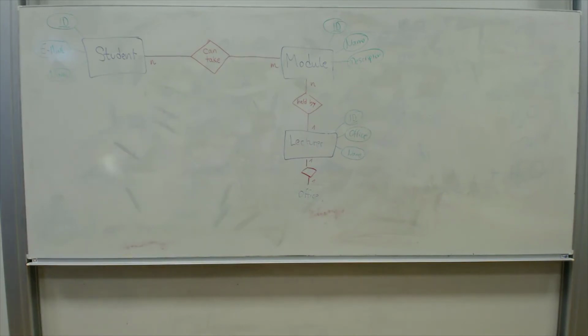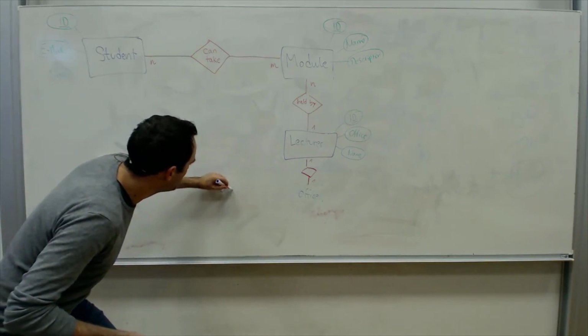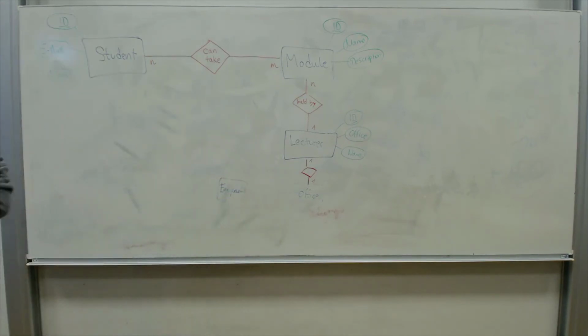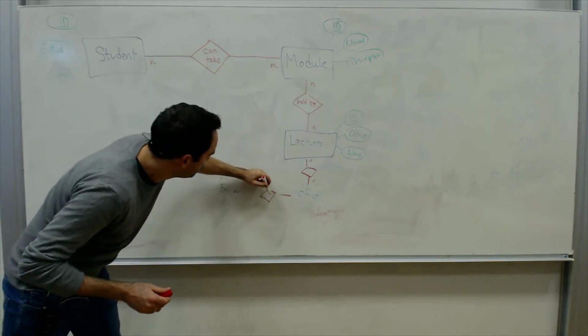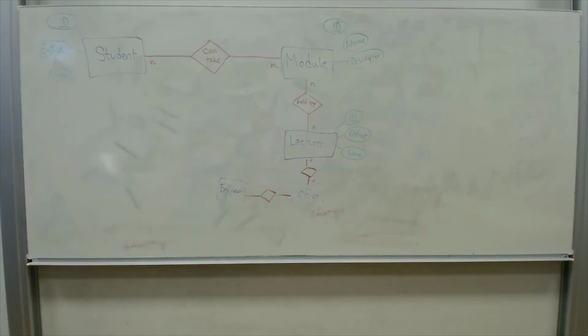For example, maybe the size, maybe the building that the office is in, maybe even the equipment that's in the office. Maybe we have a larger model that says, an office has equipment, right, equipment that students can rent, or I don't know, just imagine. Then it would be necessary to model the office also as an object.